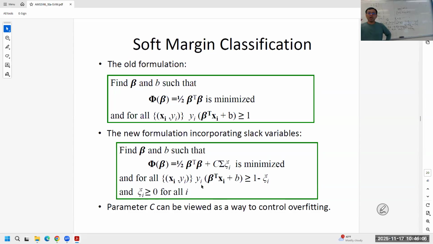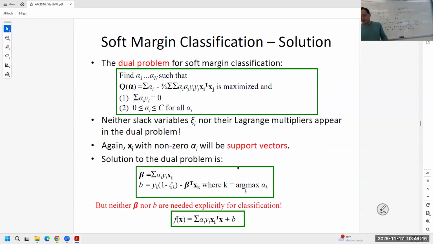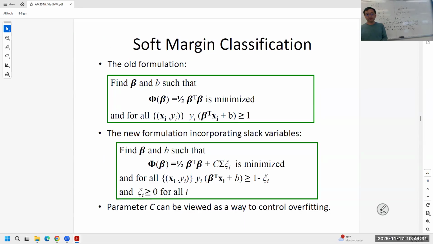You write out L_D, and take the derivative with respect to beta, b, and psi i, and go through that. I'm not going to go through it because it would take too much time, so when you go back, do it by yourself. Then the dual problem of the soft margin classification is the problem right here.